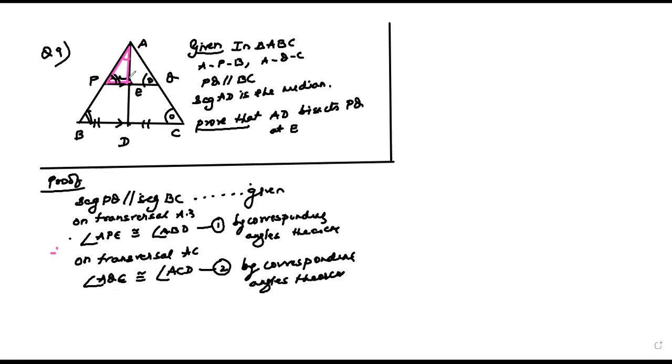Now first I'm going to take the pink triangle and the big triangle. In triangle APE and triangle ABD, you can see the two triangles, children. Angle APE congruent to angle ABD, from 1.